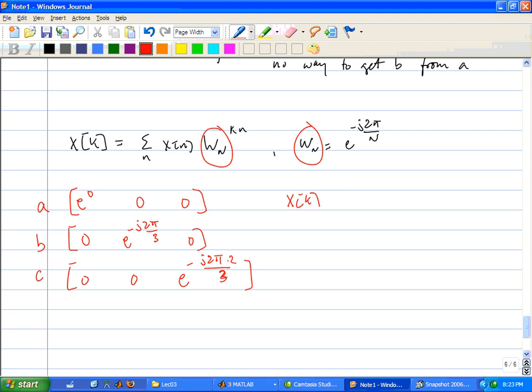X of k can be represented as a linear sum, always, of some number times A plus some number times B plus some number times C, where A, B, and C are... I'm sorry, let me back up for a second.